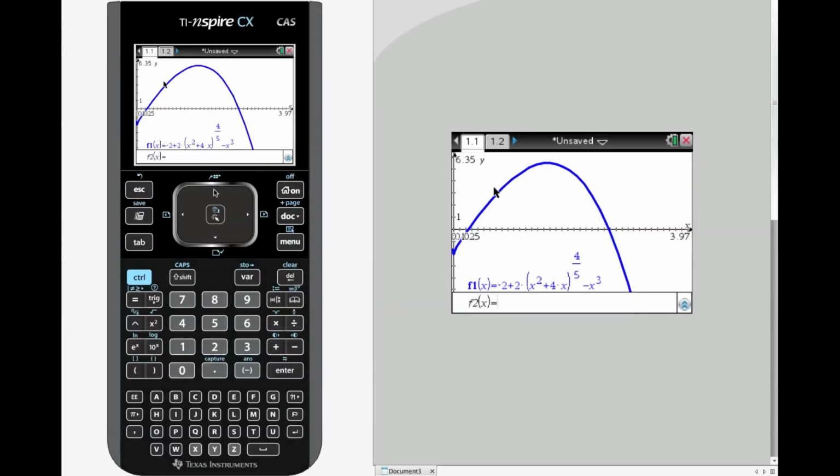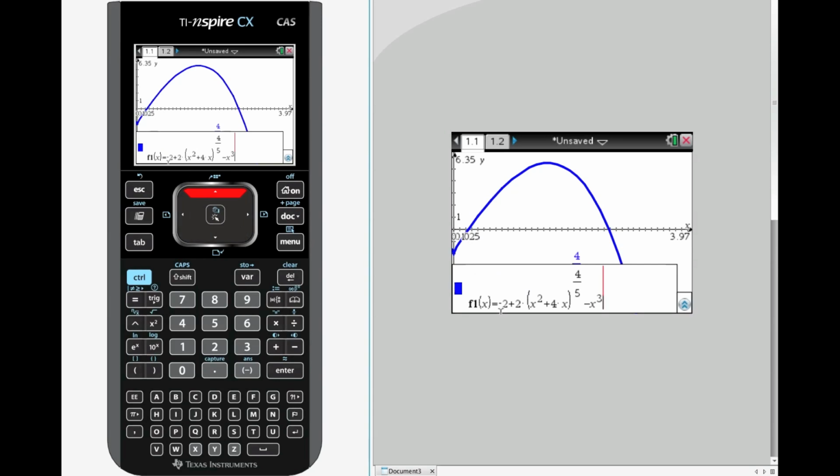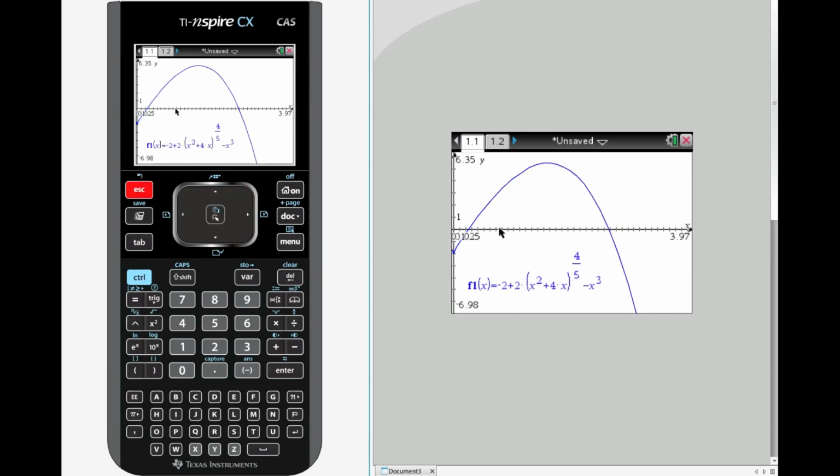Okay, so we have our original velocity function in here, graphed already, negative 2 plus 2 times such and such, you can see. If you want to find the derivative at a point on a graph, even if it's not a CAS calculator, you can get the function up there on the screen.